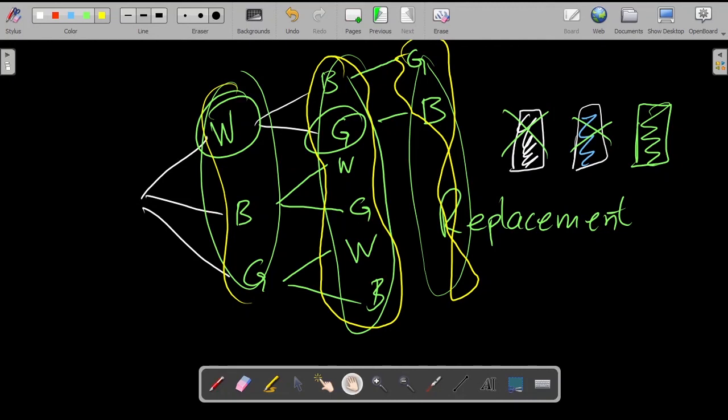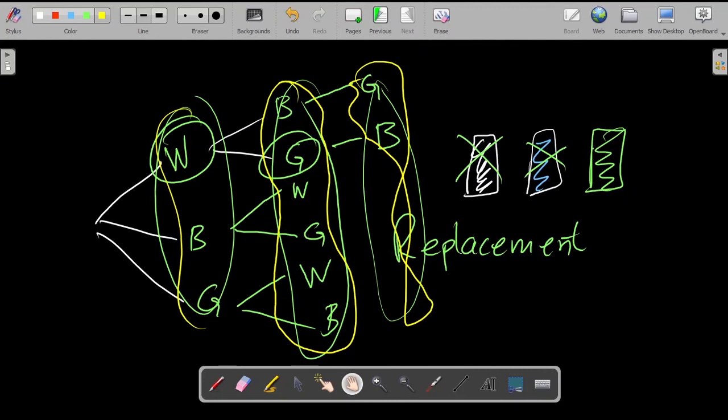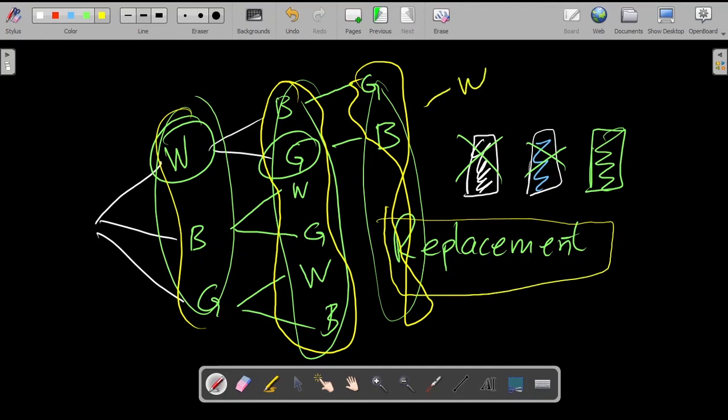So there might be some cases where we talk about replacement, and just take note, if you do replace, then the number of possibilities remains the same because we're replacing. I took white and I put it back, so I still have it there. But if I don't replace, then the options are actually less in the next iteration.